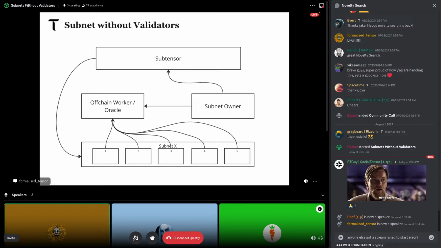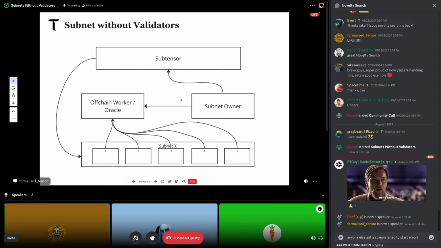Apologies, this is a terrible diagram, but I didn't have that much time. This is a schema we can imagine: you have the root network working somewhere, you have the normal YC2 working, but for some subnets or for a different mechanism, all you have is no validators, just neurons producing the digital good.